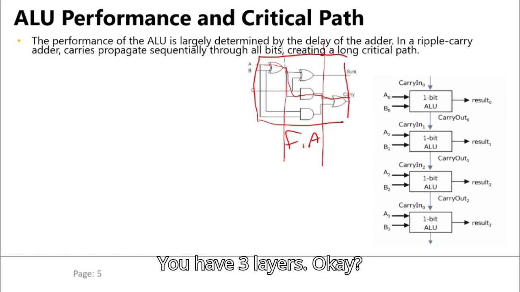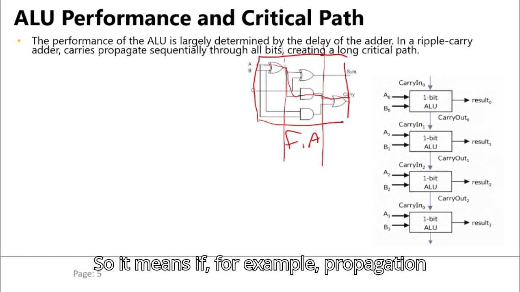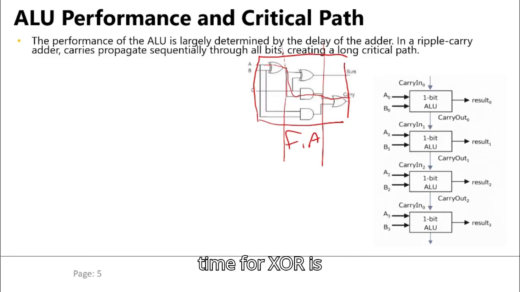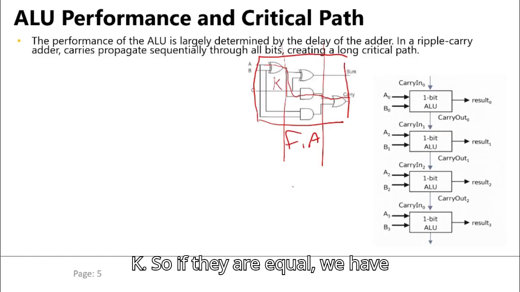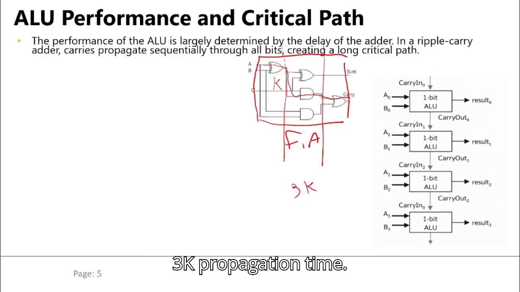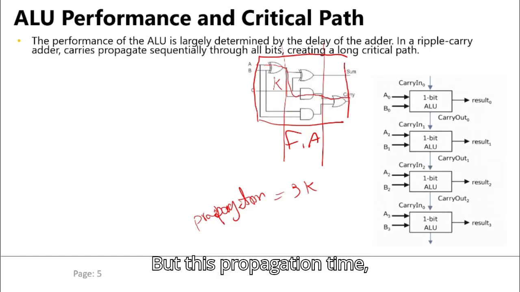We have 3 layers, okay? So if, for example, the propagation time for XOR is K, and the others are equal, then we have 3K propagation time.